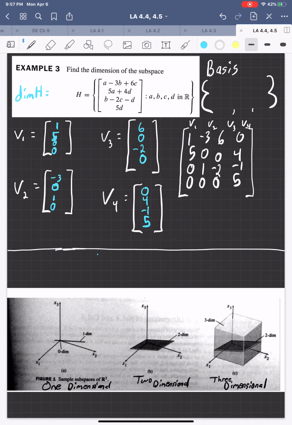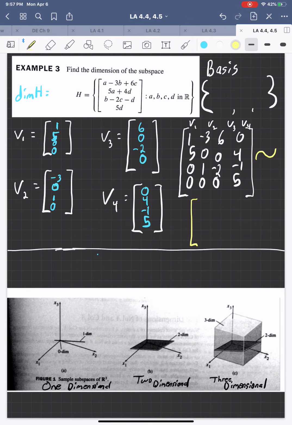Okay. Now, notice this next step. I am going to row reduce, but I'm not actually going to set it equal to something. I'm going to row reduce this matrix, and I want to look to see how many pivot columns there are, or in other words, how many basic variables versus free variables.